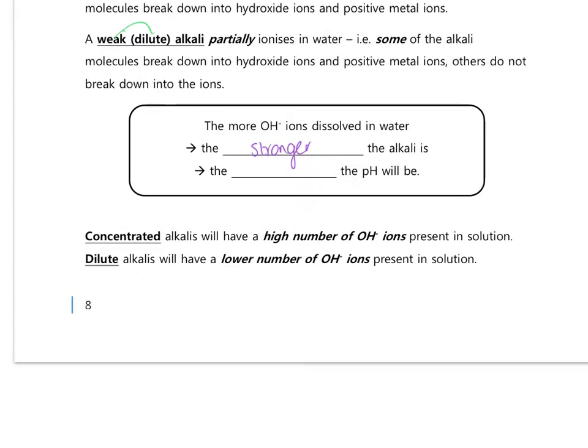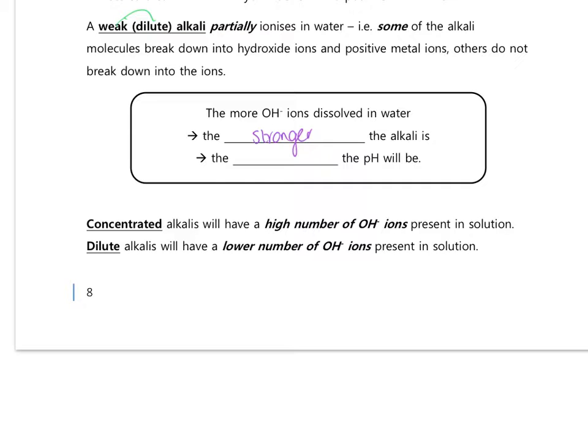And have a think how that's going to affect the pH. Well, if we take 7 as our neutral, the alkali region is anything above 7, but it goes increasingly alkaline as we go further down the scale to 14.